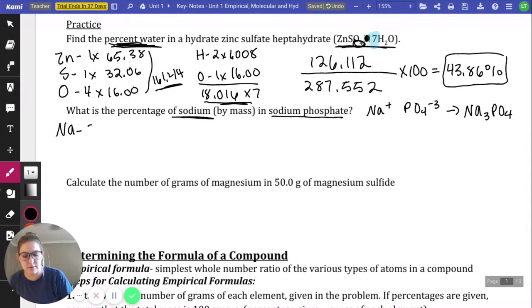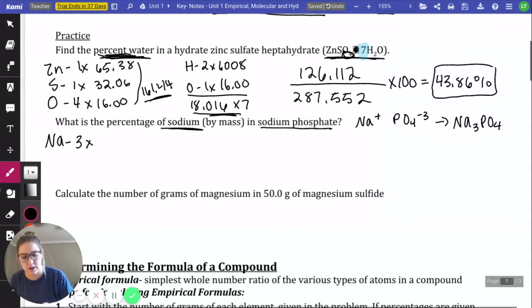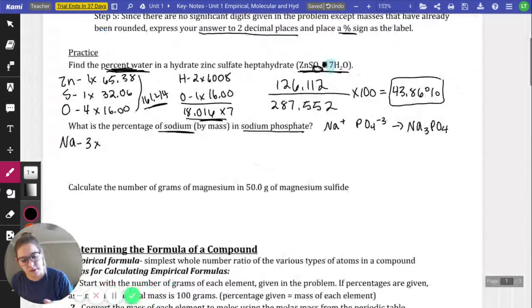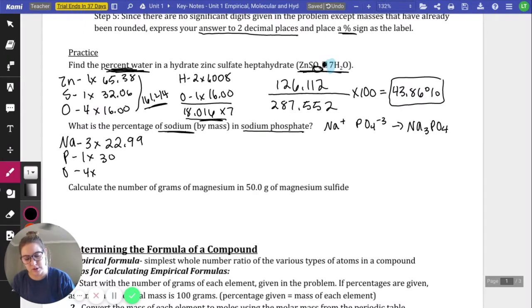We have 3 sodiums, 1 phosphorus and 4 oxygens. The molar mass of sodium from the periodic table is 22.99, phosphorus is 30.97, and oxygen is 16.00.